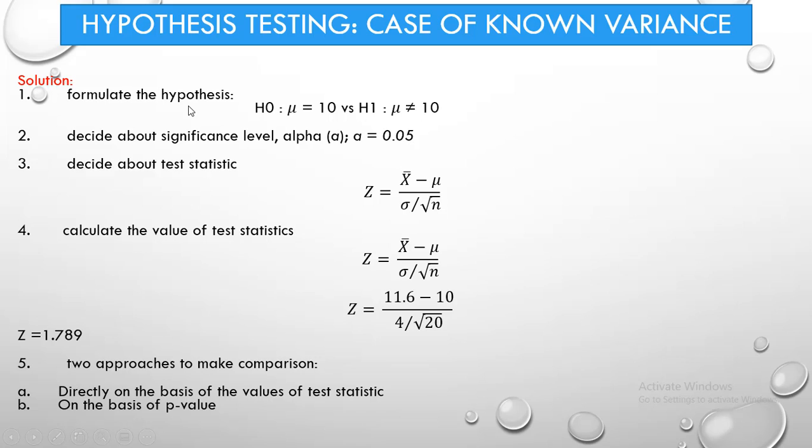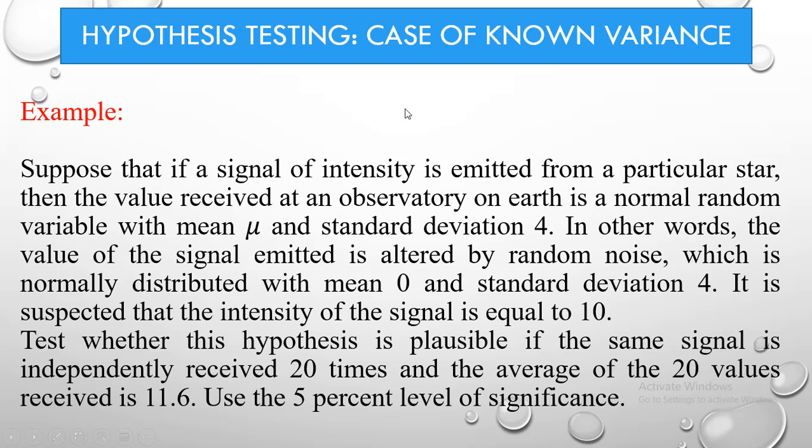Formulate the hypothesis: H0, the null hypothesis, mu equal to 10, versus H1, mu not equal to 10. It is taken from here that it is suspected that the intensity of the signal is equal to 10. This is a general statement, and that means mu equal to 10, that the mean intensity of the signal is equal to 10.